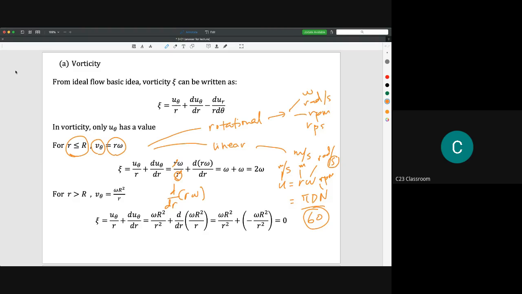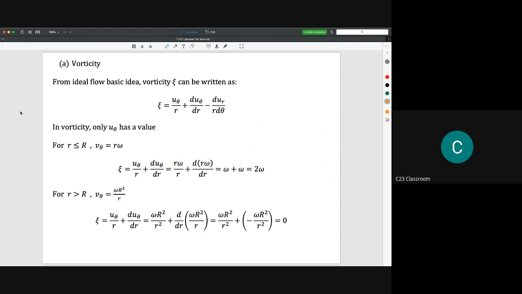When you have a partial differential, what you need to do is fix one parameter and differentiate with the other parameter. So from here, maybe you could fix the R and you have d omega over dr, and then you add the omega with dR over dr.